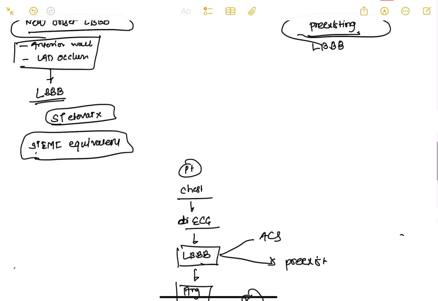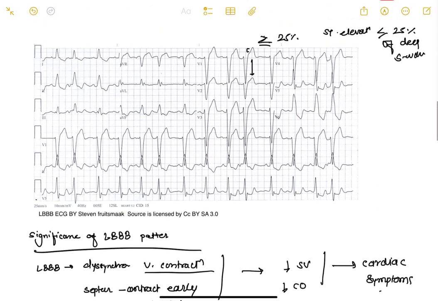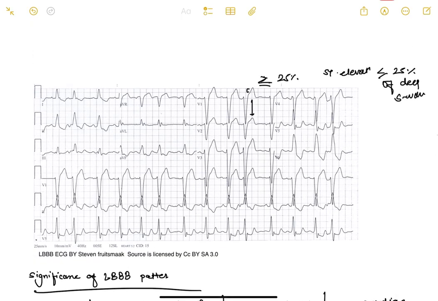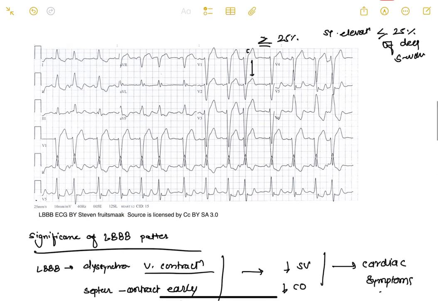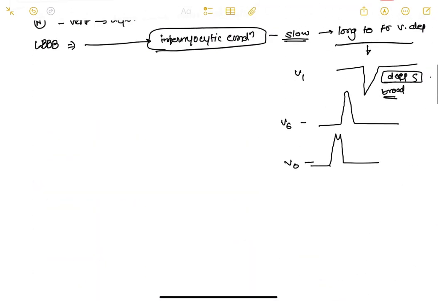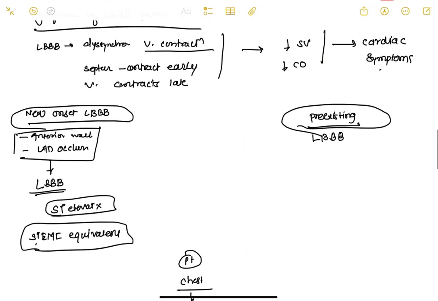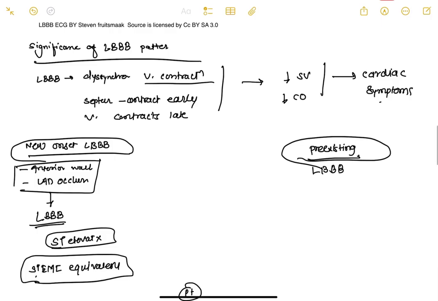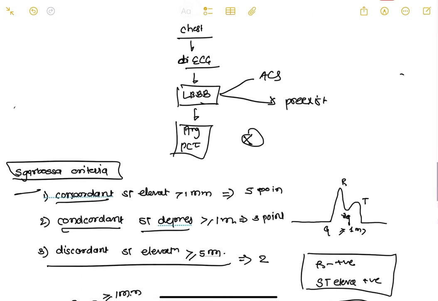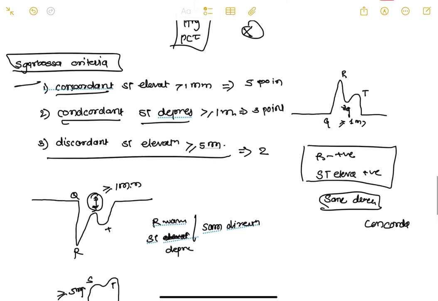Also, they will give you an ECG and ask you to diagnose. Also, they can ask the significance, like the septum contracts early and the ventricle contracts late. So these are the basic questions that can be asked in the exam.